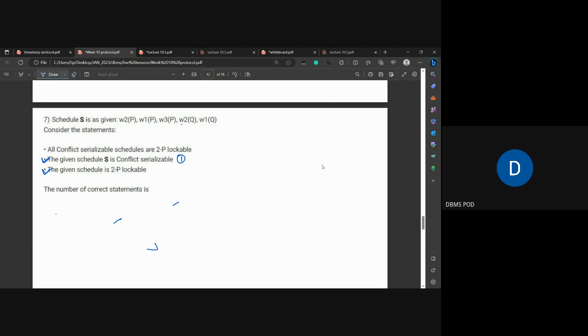Okay, so T1, T2, T3. Transaction T2 wants to write the data item P, so you have to apply an exclusive lock. Correct?